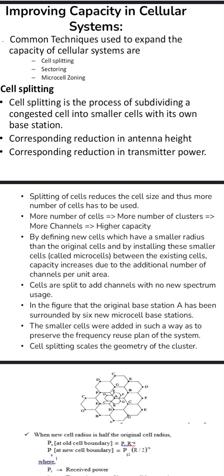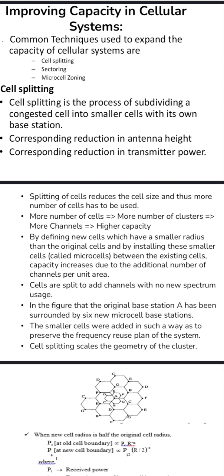So by defining new cells which have a smaller radius than the original cells, and by installing these smaller cells, which are called microcells, between the existing cells, capacity increases due to the additional number of channels per unit area.